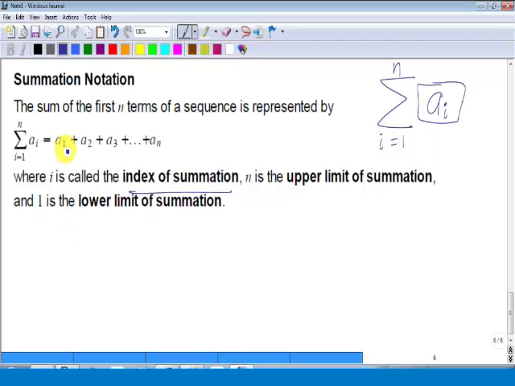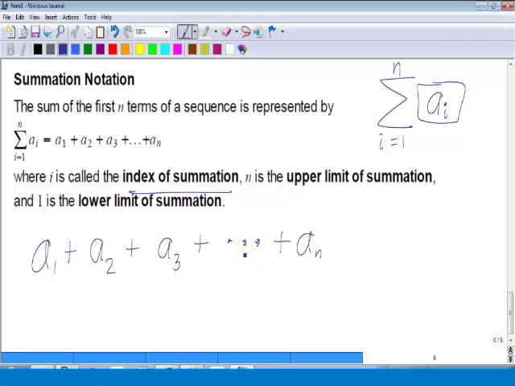So when i equals 1, substitute 1 for i and write down a sub 1. And then let i equal 2, and write down a sub 2. And then when i equals 3, write down a sub 3, and keep doing that until you get to a sub n, then stop, and then add all the terms together.